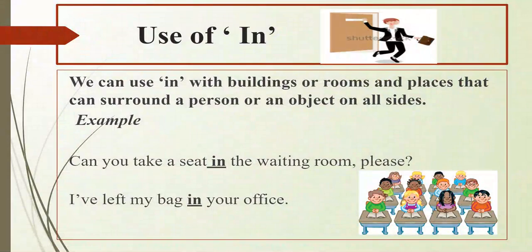Now, if we're talking about objects, I hope you remember in your previous class we taught you that the noun or pronoun which is used with a preposition is called its object.